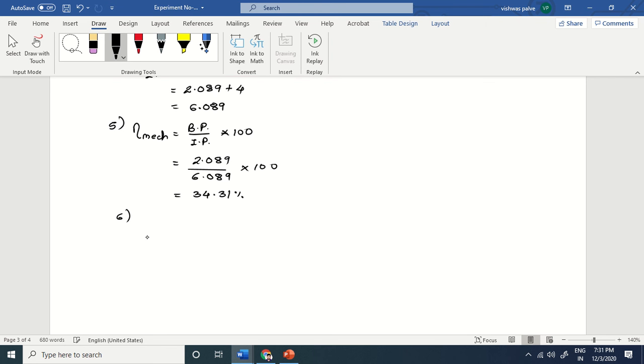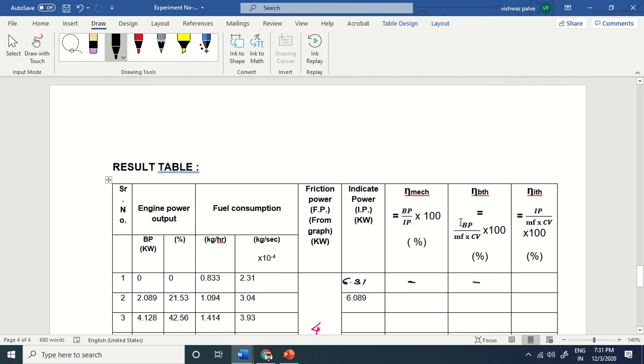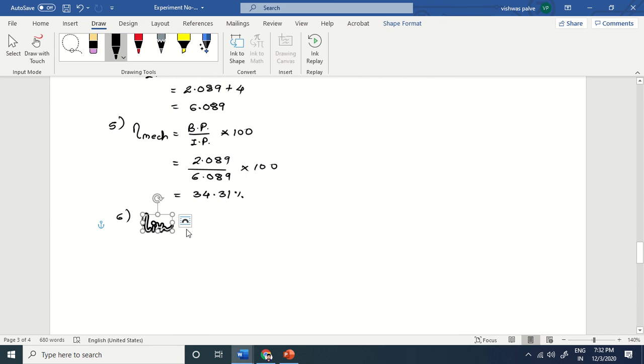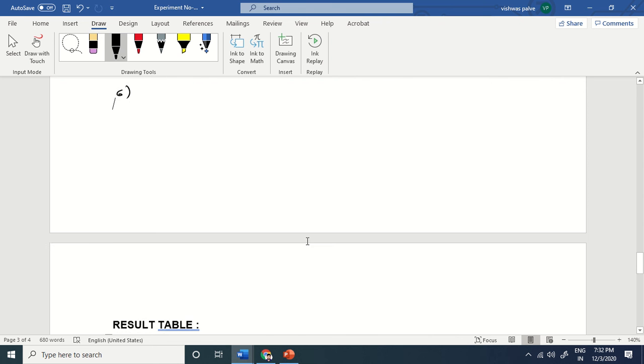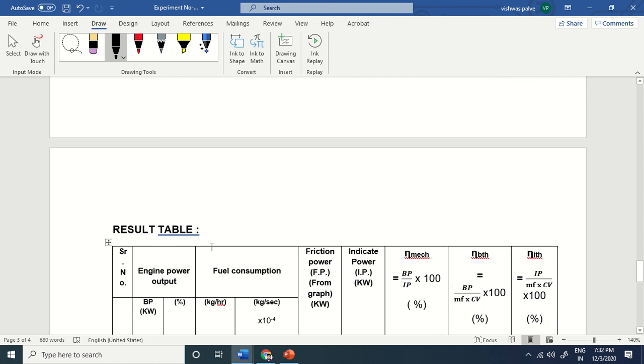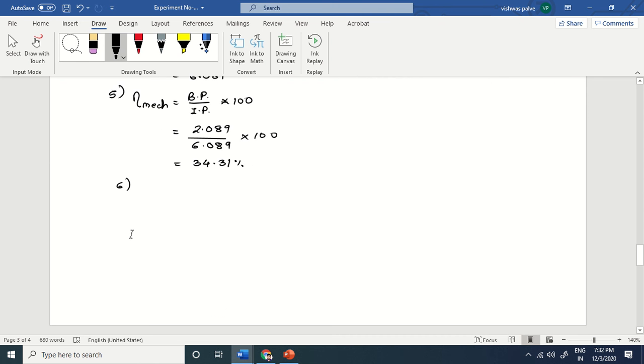The sixth term which we are going to calculate is the thermal efficiency. We can calculate the brake thermal efficiency first, following whatever sequence is convenient. The formula for brake thermal efficiency is brake power upon m dot f, the fuel consumption, into CV.